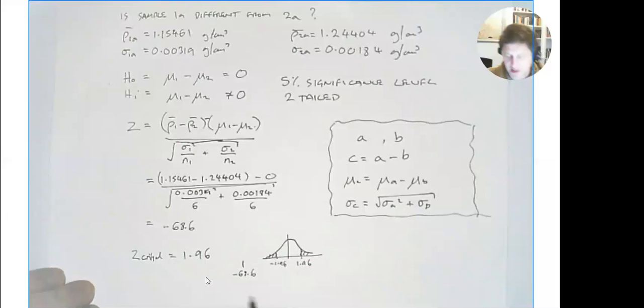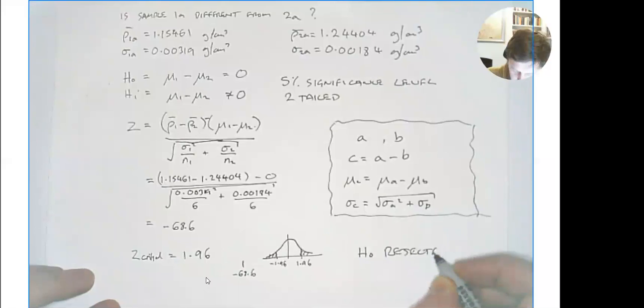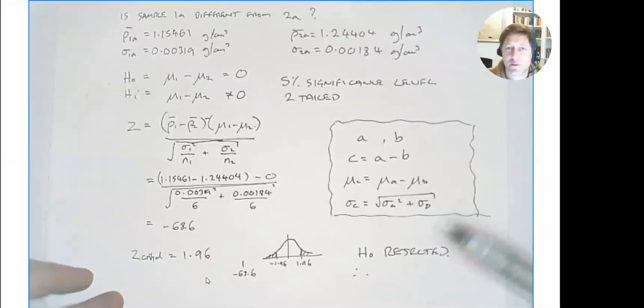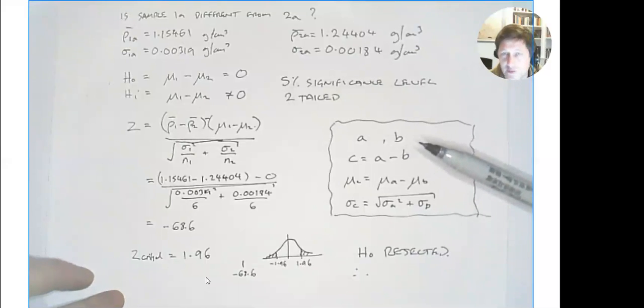And so you can see that our data is way outside of the 95% of the data. And so H0 is rejected. And so therefore, these two samples have not come from the same population. We've proved that we're more than 5% confident of that.